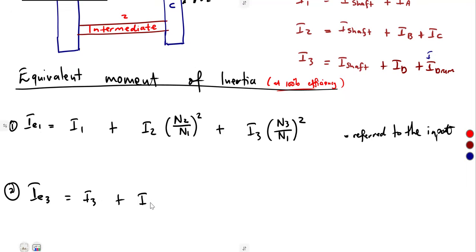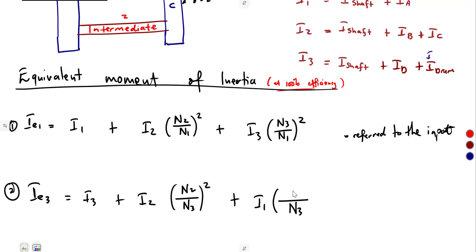Plus I2 referred to the what? Output. So it's definitely going to be over N3, the output. But what is it that is going to affect this time? It is N2, just like what we had. So it's going to be N2, but this time over the output. Plus, we move on to I1, referred to the output, guys. So it's N3, but this time from what?